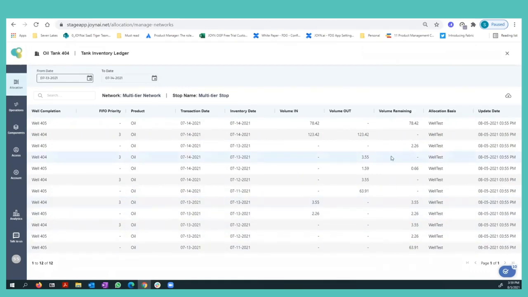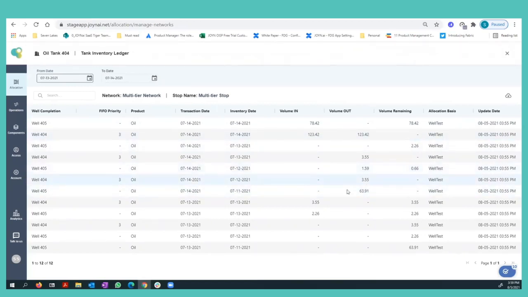And on the 14th, what happened was 404's inventories got completely drawn out. So these two, 3.55, 3.55, and 123.42 got drawn out first. And then in the rest of the ledger, the normal FIFO logic was implemented.